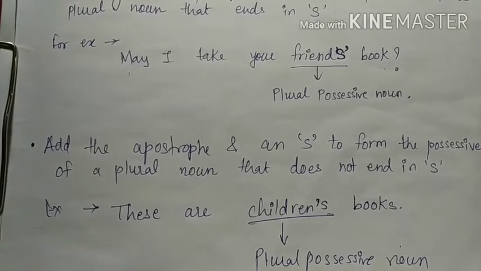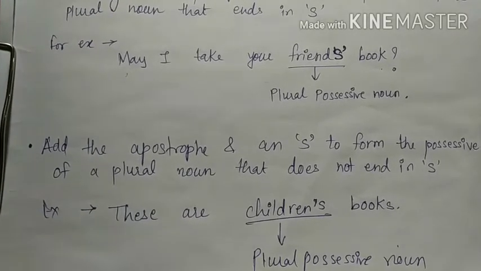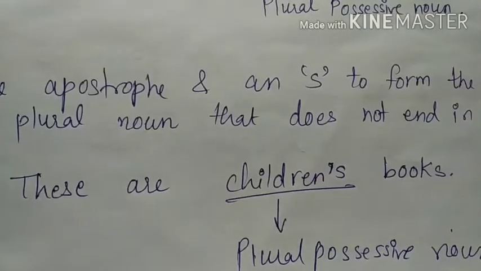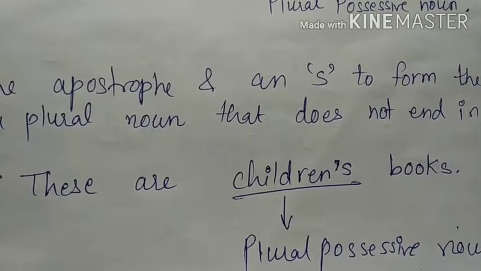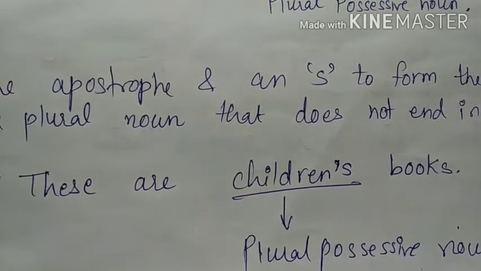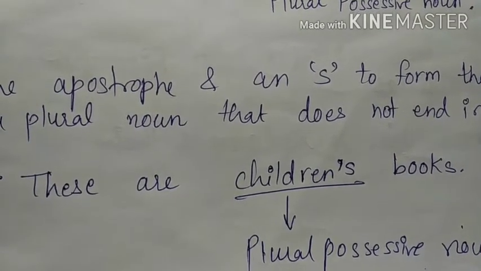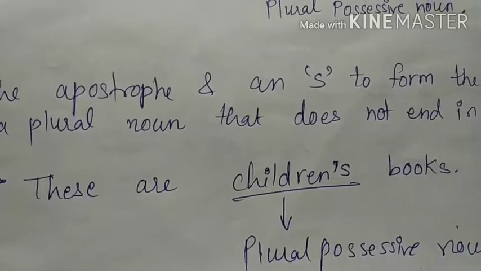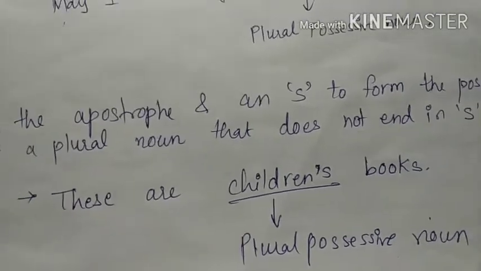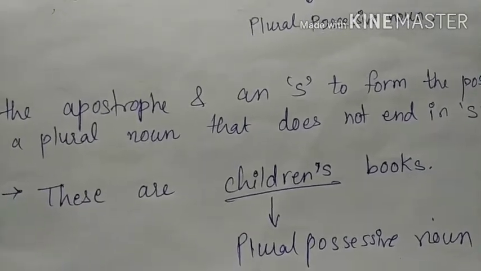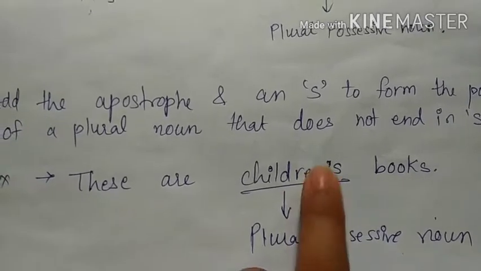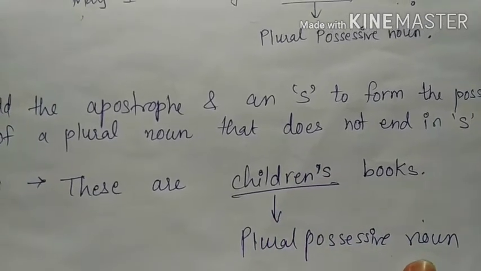Right, example. So see, these are children's books. Here we add an apostrophe and an S after the plural form of the noun, that is children. Here children is a plural possessive noun.